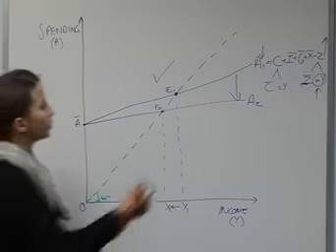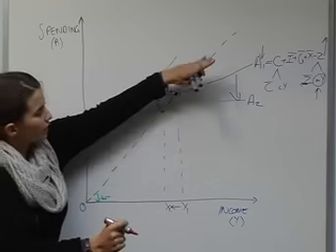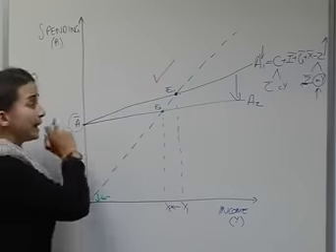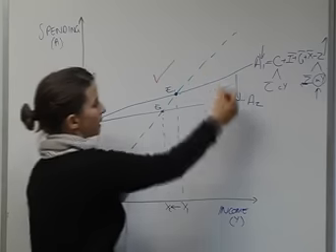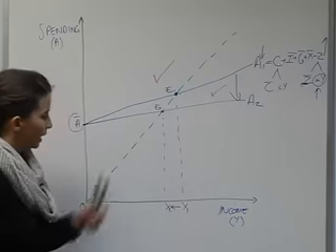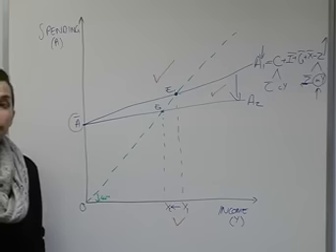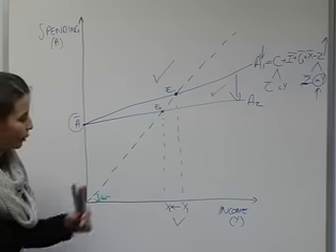The second mark is if you draw this line pivoting around this intercept, meaning the intercept stayed the same, but the line decreased. And the last mark is if you actually answered the question by saying the equilibrium level of income decreased.